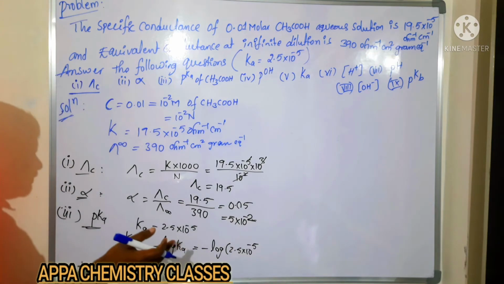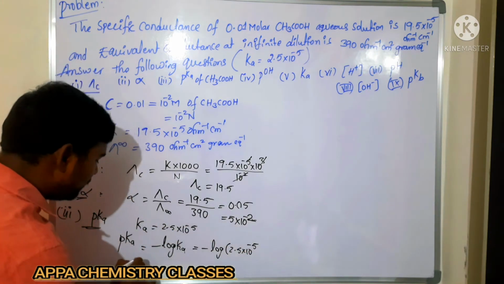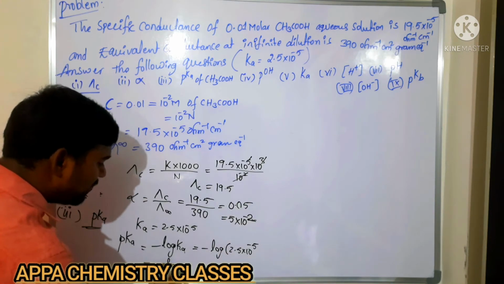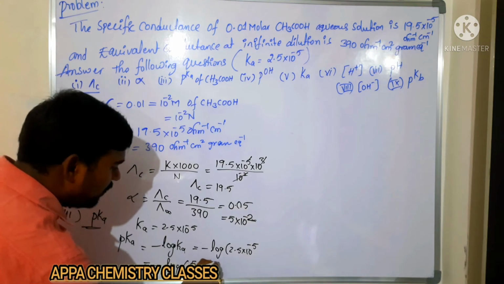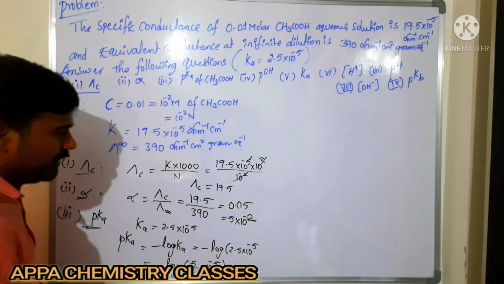Here you apply the log A into B form. So I am writing this value as minus log of 5 by 2 into 10 power minus 5. Can I write it like that? 5 by 2 is nothing but 2.5.